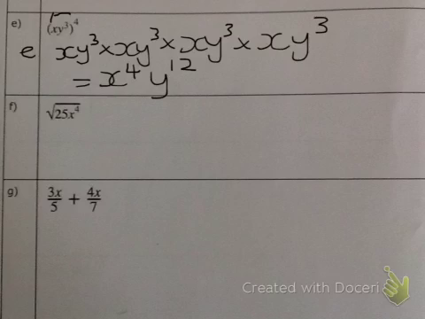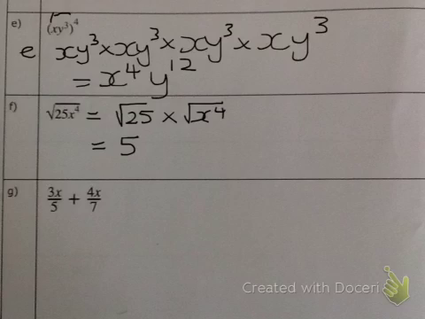The square root, okay? We're allowed to split it up. So let's split it up. When you're multiplying things together, you are allowed to split them up. So we're going to find the square root of 25 times the square root of x to the power of 4. Square root of 25 is 5.